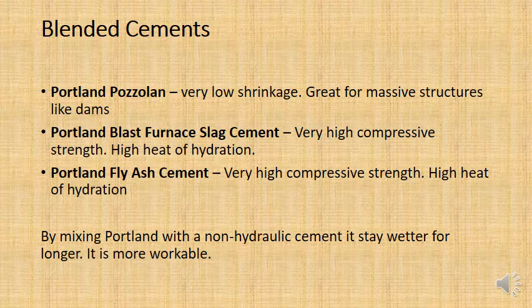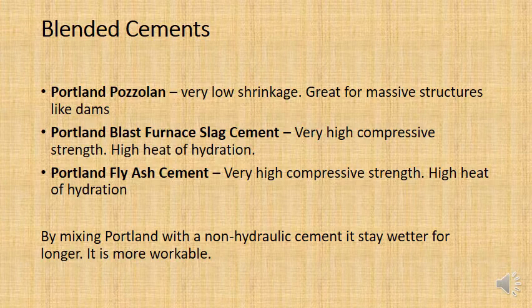What's fly ash? Well, that's actually just ash from coal or charcoal. So when you have a barbecue and at the end of the barbecue you've got ash at the bottom of your barbecue, well, yeah, that could be mixed with Portland cement and you can make it into a very strong concrete, very strong. All of these things have very similar properties. They have very high compressive strengths. They also have quite low shrinkage.